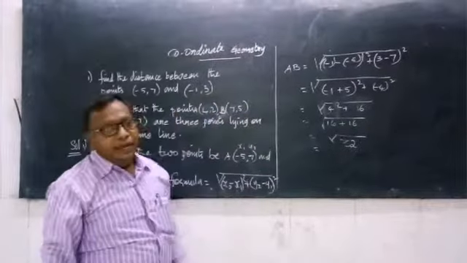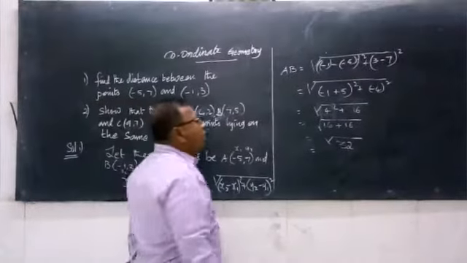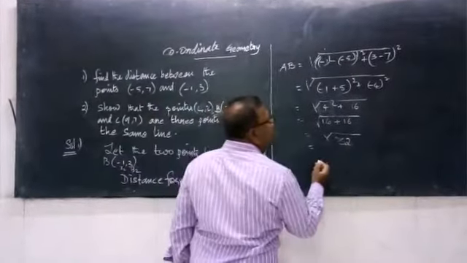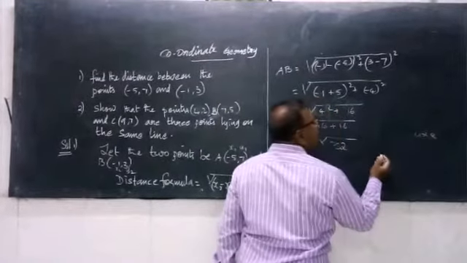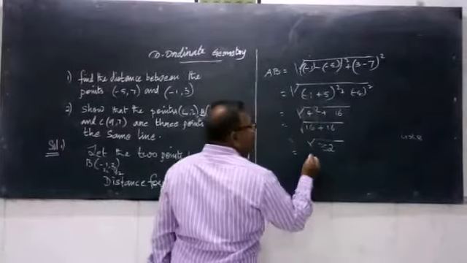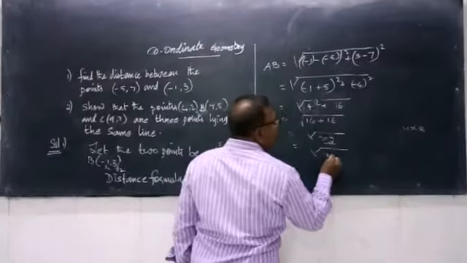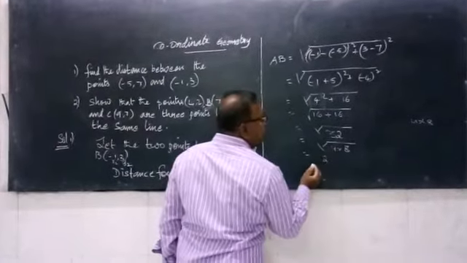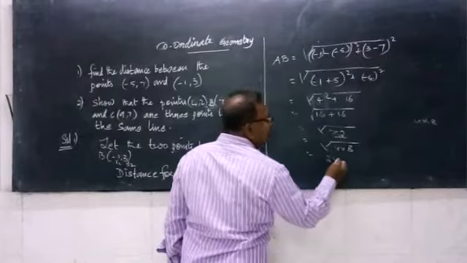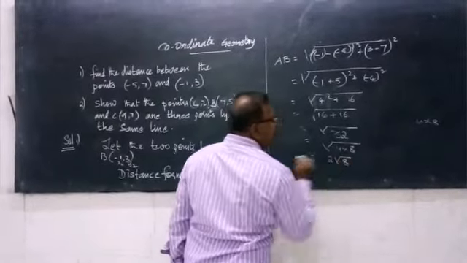Again, still we can simplify this. How to simplify? 32 can be written as 4 into 8. 4 8s are 32. So I am writing this as root of 4 into 8. Root 4 is 2, I am writing it outside, and here it is 8.